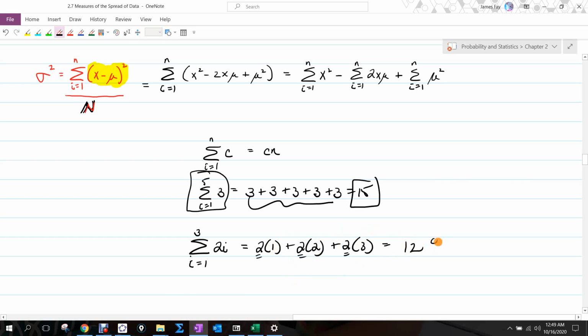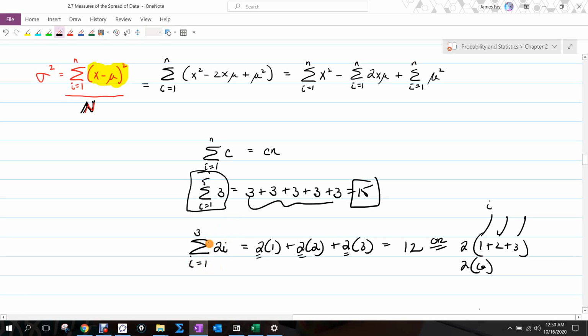Or I could write it as 2, and then if I factor the 2 out, it'd be 1 plus 2 plus 3, which would be 2 times 6, which is my 12 as well. But what's that 1? That would be i. That's my second i, and that would be my third i, as this is progressing.